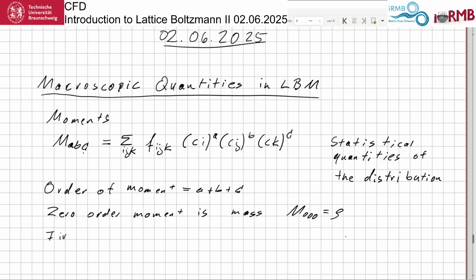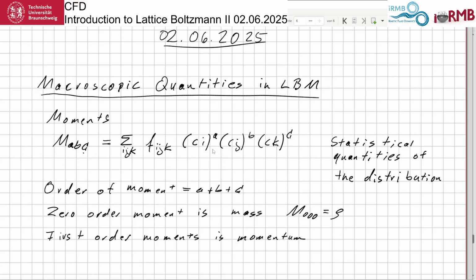The first order moments, of which we obviously have 3, are the momentum. You see, we sum over the velocities here.